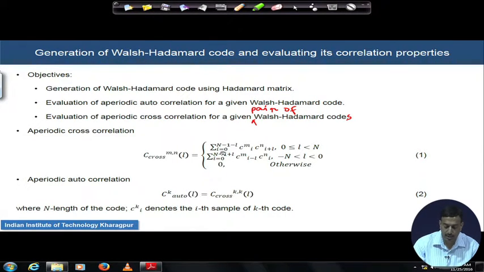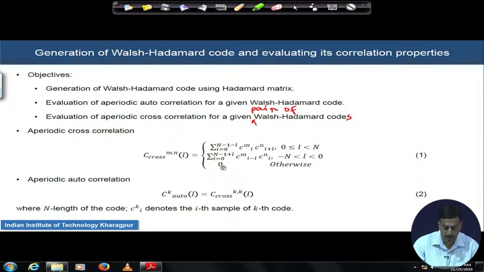So it turns out that the values of this cross correlation term for this lag will exist, as we can see over here, on the positive side from 0 to n minus 1, and on the negative side, that is for negative shifts, from -1 to minus n minus 1.